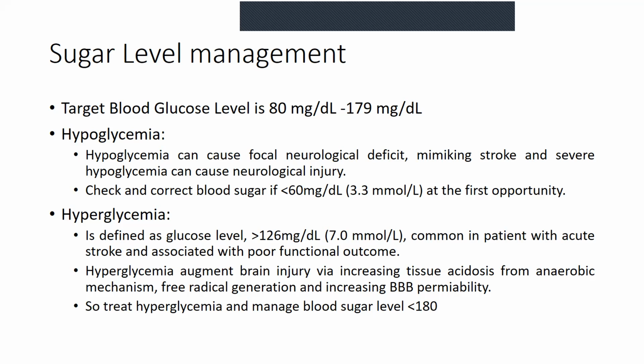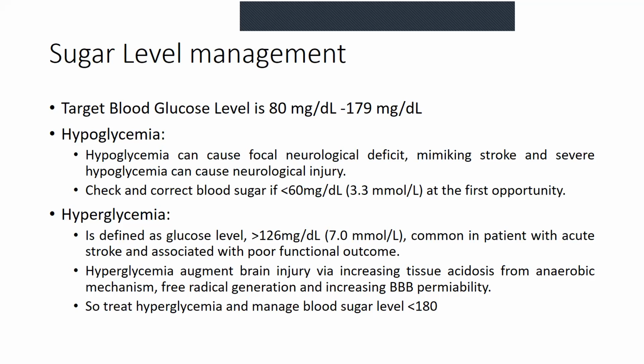Hyperglycemia, a sugar more than 126 or 7.0 mmol per liter, is common in patients with acute stroke and associated with poor functional outcome.